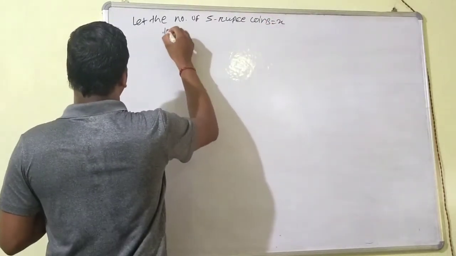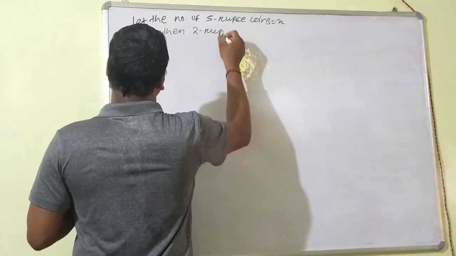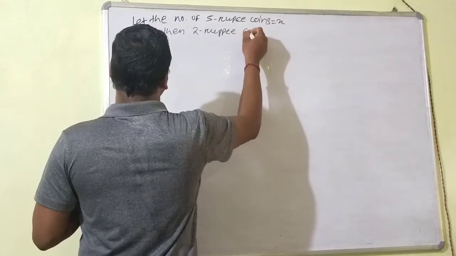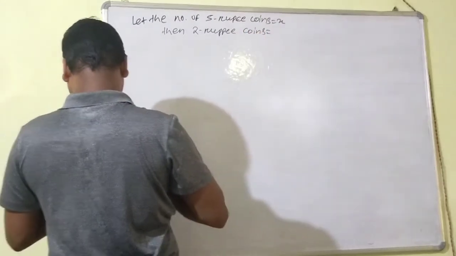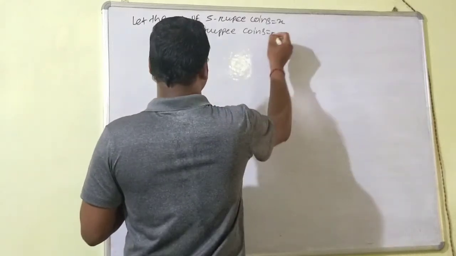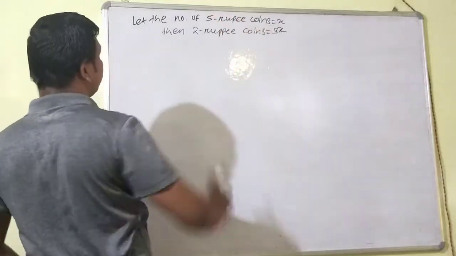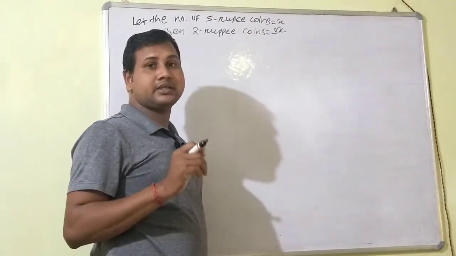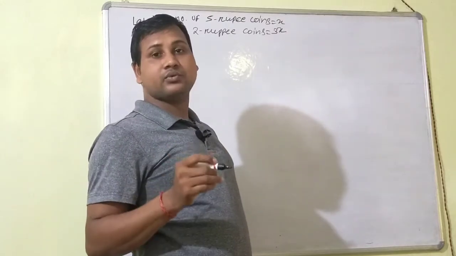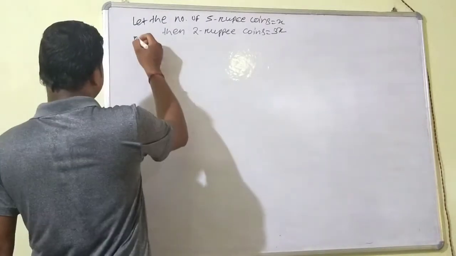Then the number of 2 rupee coins be 3 times, that is 3 into x. This is number of 5 rupee coin x, number of 2 rupee coins is 3x. Then we will have to find out the amount of 5 rupee coins.